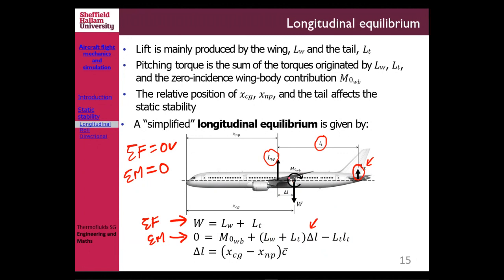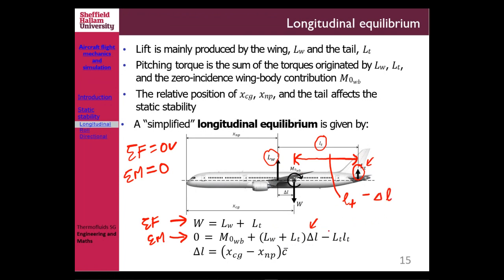Because if you look at the coefficients, the sigma M, which should be equal to 0, then M0 wing body, plus the lift multiplied by delta L, the distance. But of course now LT should be multiplied by this distance, which is obviously lT minus delta L, right?